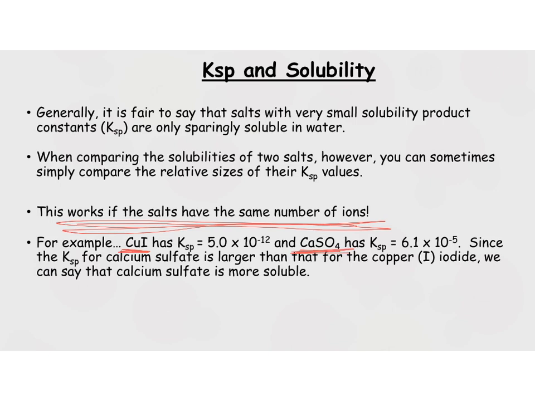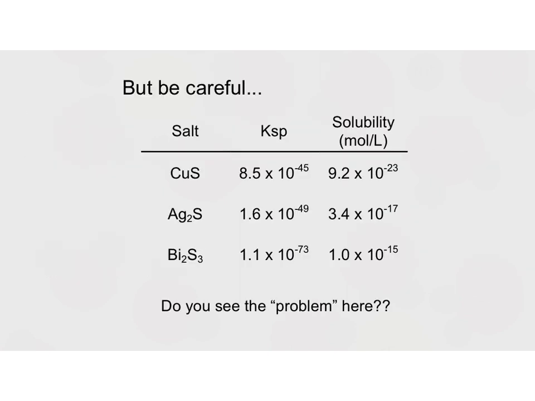So now you just look at your Ksps. Because this one is larger, that means that it's going to go more towards the product side, so it's going to dissolve more. All right, now again, another example. We have 3 salts, okay? Understand that this one has 2 ions, this one has 3 ions, and this one has 5 ions.